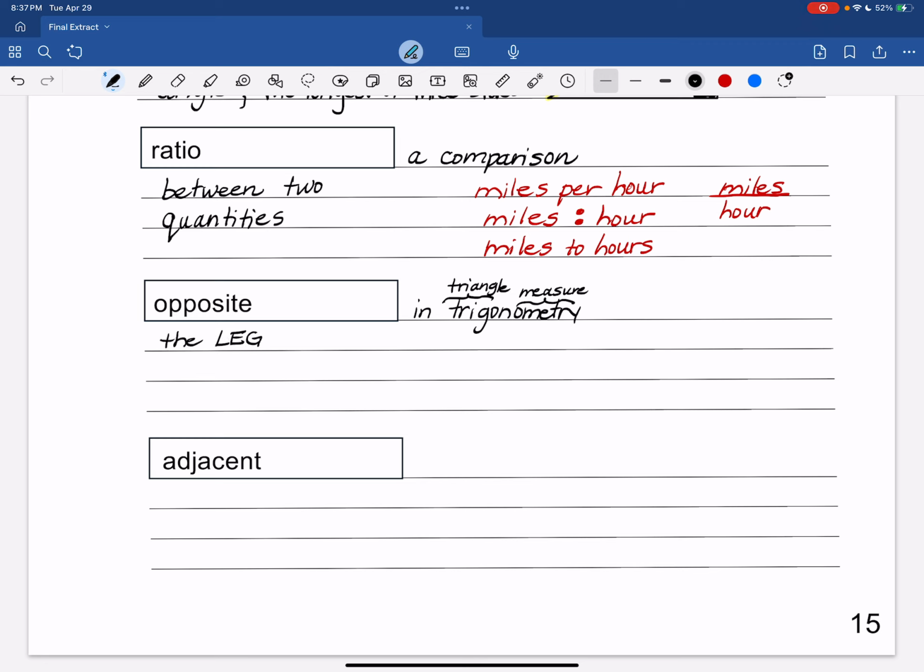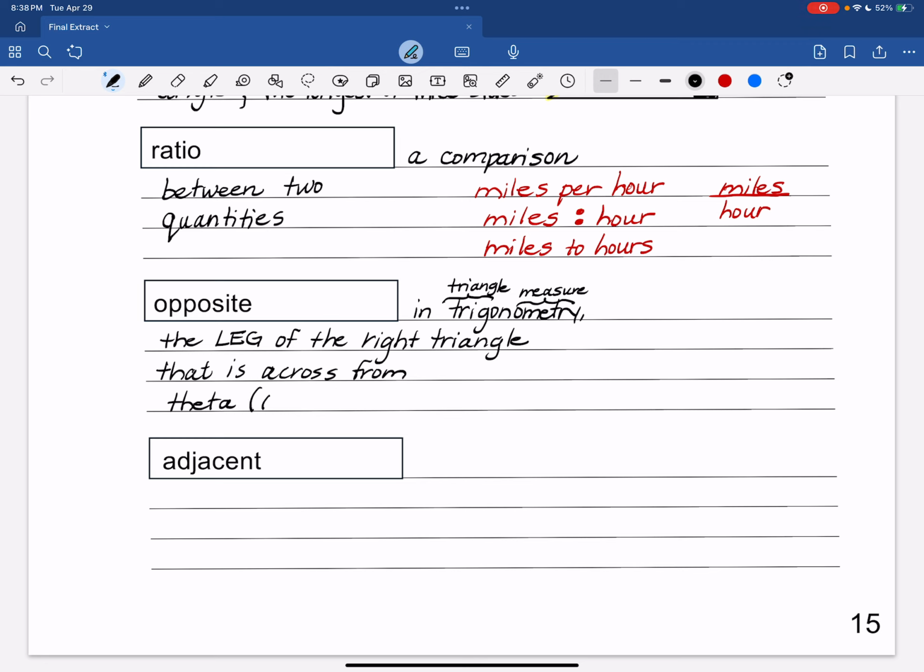Now, where have you seen that word before recently? The leg of the right triangle that is across from theta.